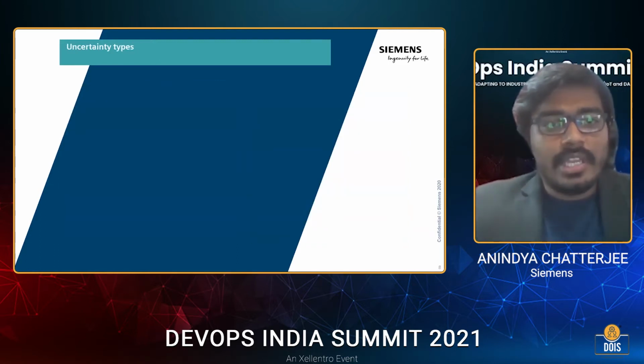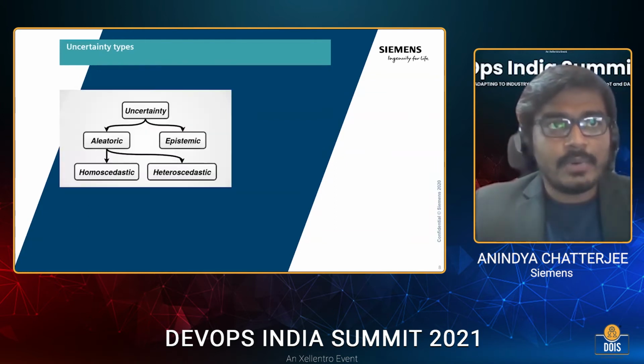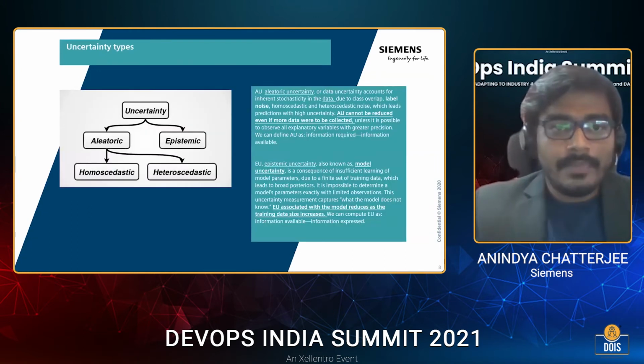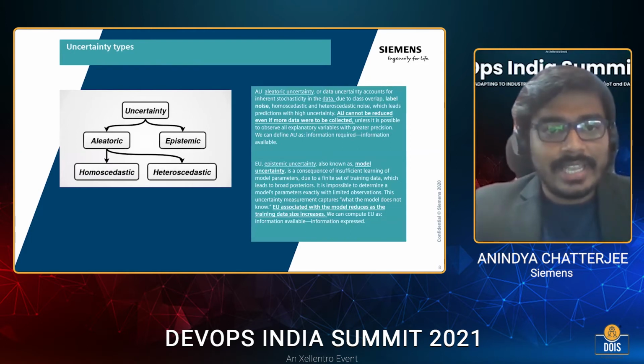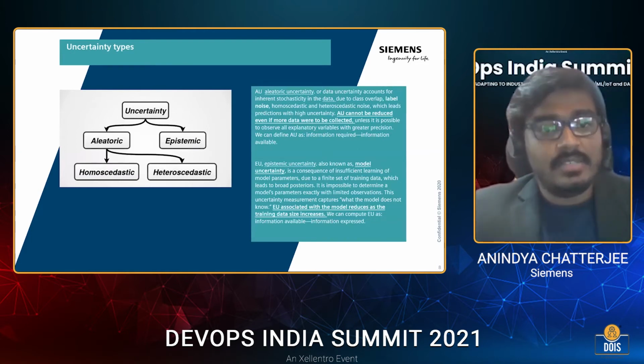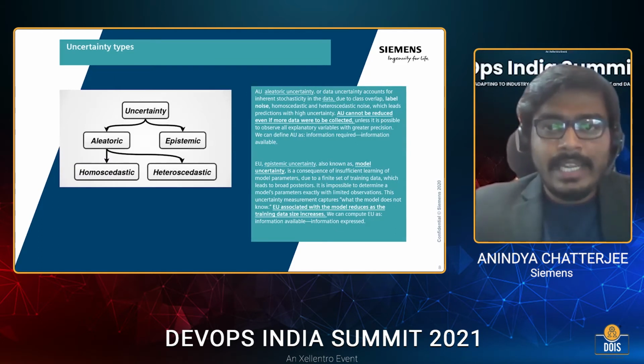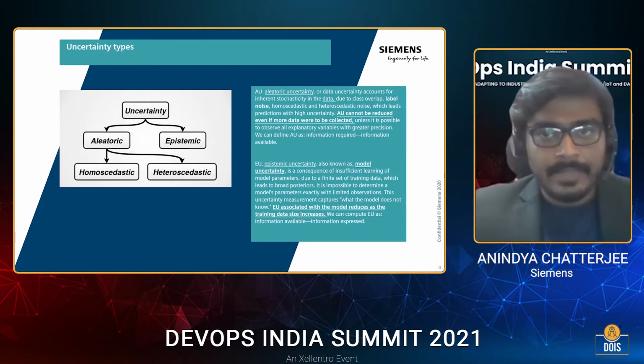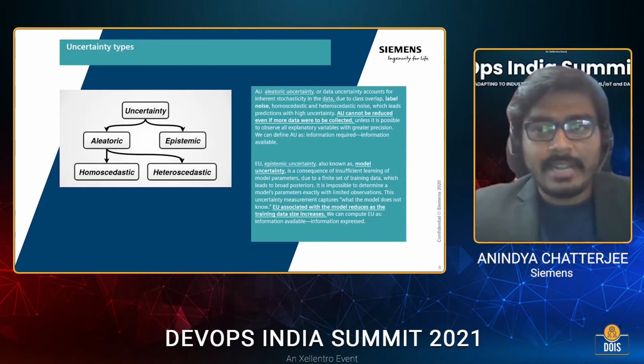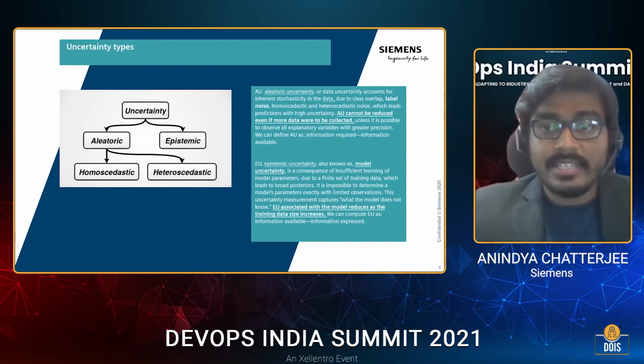So as I was talking about the types of uncertainty, let's quickly understand what the types of uncertainty are here. Broadly, uncertainty can be classified into two classes: aleatoric and epistemic uncertainty. Aleatoric uncertainty is caused by uncertainty in the data, which may lead to inherent stochasticity in the data.